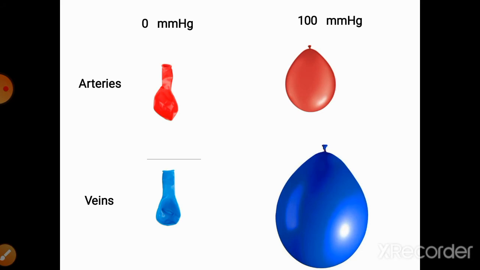Yes, this is how it is going to be. When both of these balloons are blown into with equal amount of force, we will see that the red balloon holds way less volume as compared to the blue balloon. This goes on to show that tissue having a lot of elasticity is less distensible as compared to the tissue having lesser elasticity.